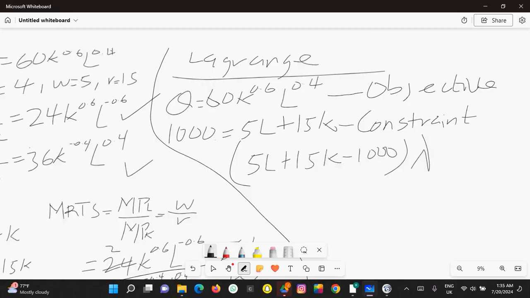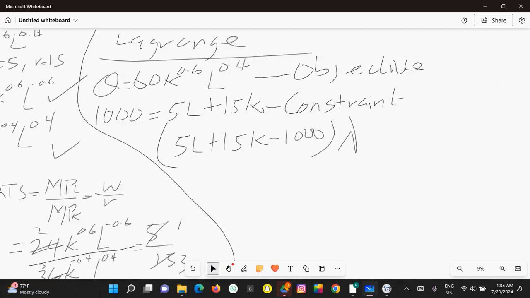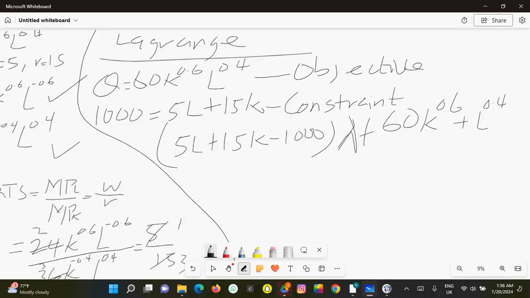That's all. Now we are going to add the objective plus the constraint. So now it's looking like this.